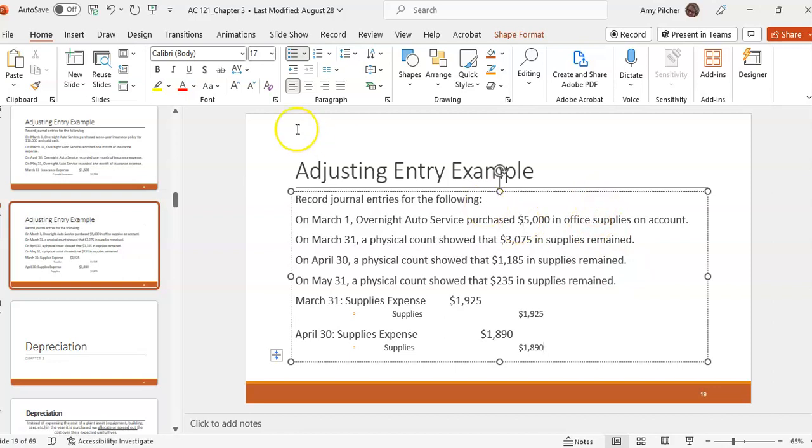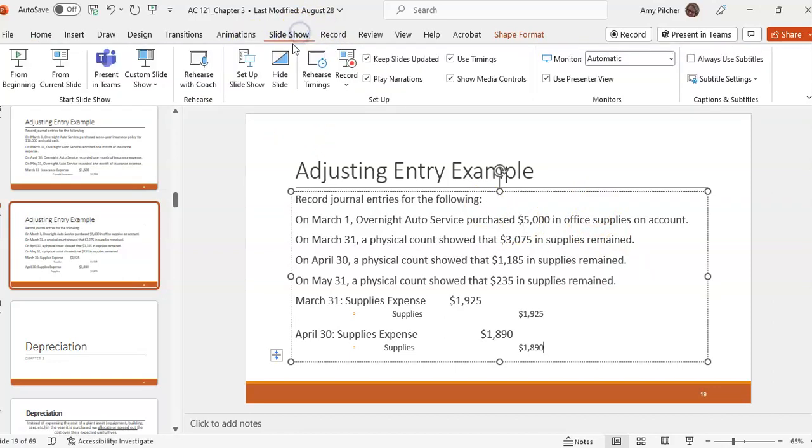So those are some examples of adjusting entries that we need to do for our accounting records.